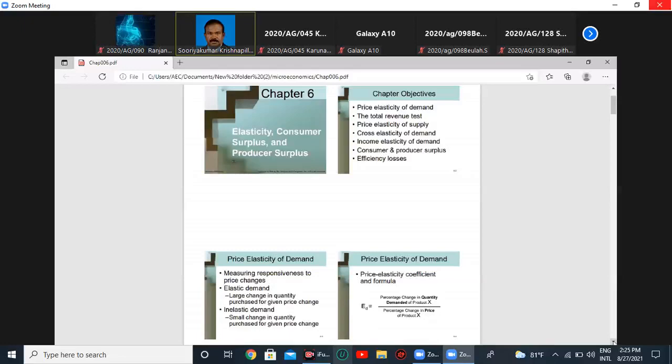So for the same demand curve, the same change between 4 and 5, in the same area, the elasticity comes out as 4 and 2.5. It gives two different elasticities, because of the initial price or initial quantity.